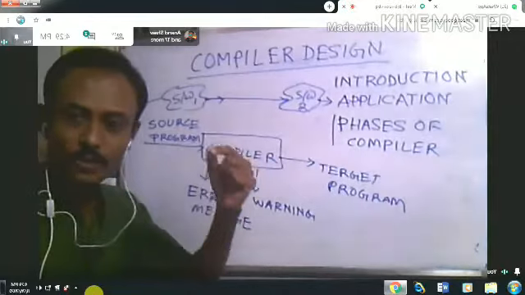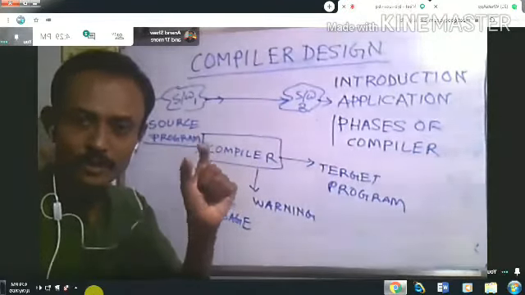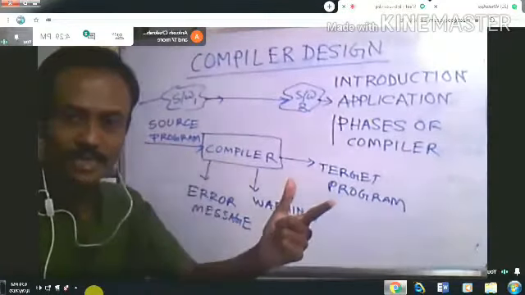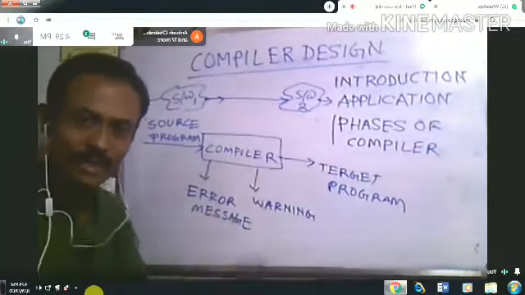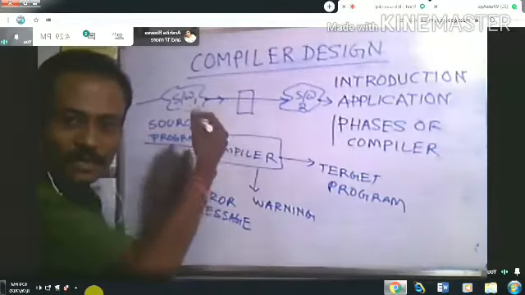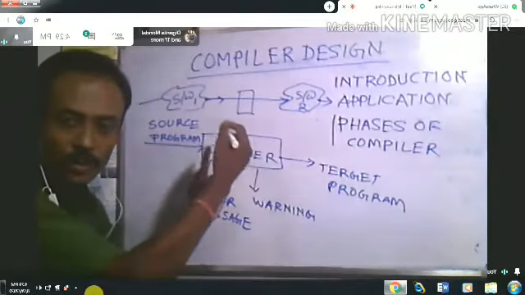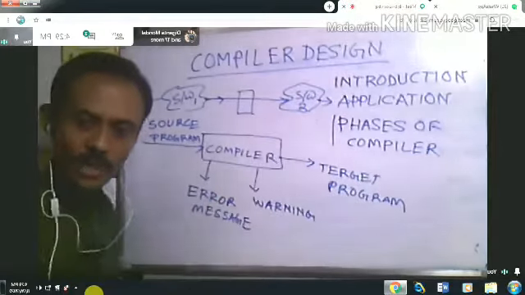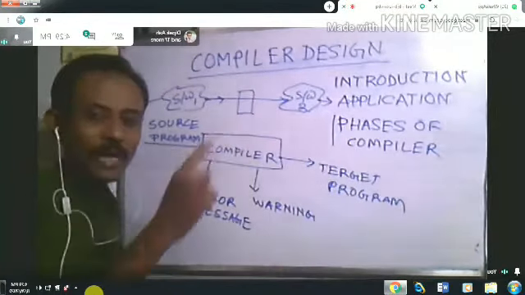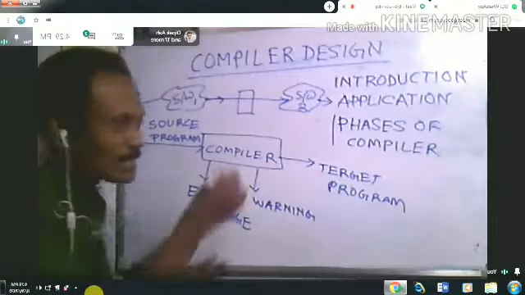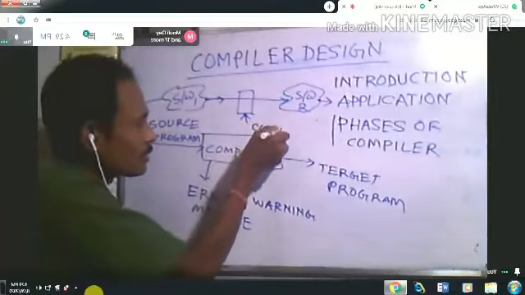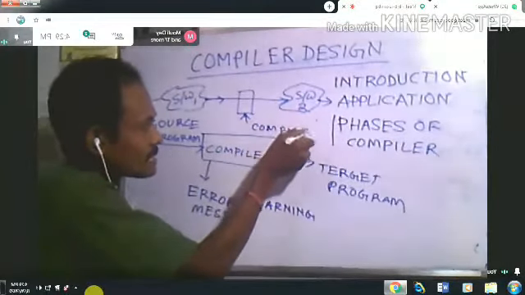You have to use some software or program that will translate. So here you can use a translator to translate the output of one software as the input of the other software. This translator can also be called the compiler. So this translator can also be the compiler. So this is the reason.